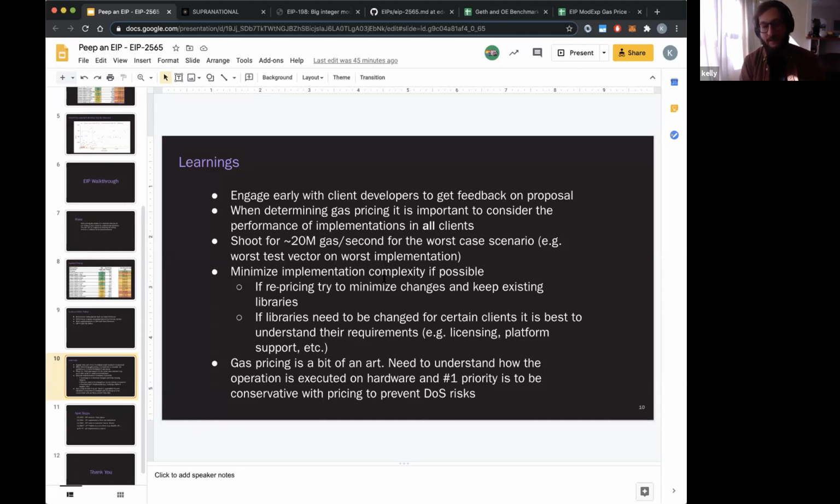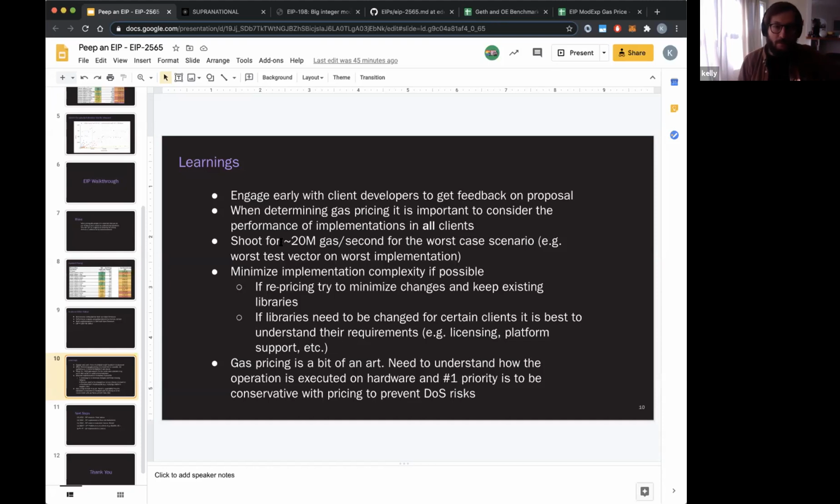Because what could happen is if Open Ethereum was really slow, someone could spam a bunch of these transactions. The Geth nodes are fine. They'll proceed with life because they're fast. But the Open Ethereum ones all get kicked offline or unsynced or lag behind on the head of the chain. So it's really important to not just look at Geth, but to also look at the other clients, because client diversity is a goal of the Ethereum ecosystem.